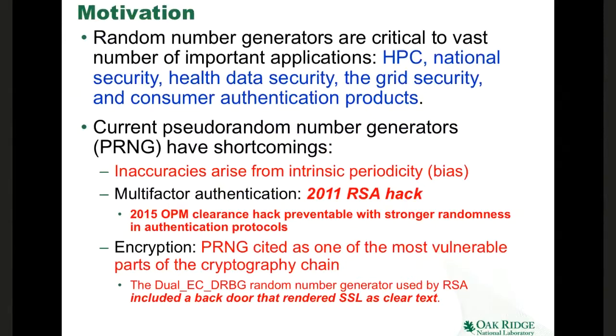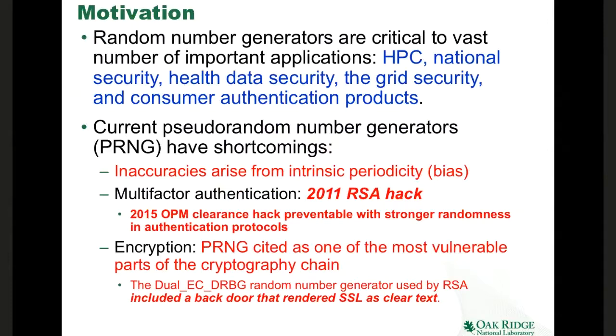There have been a few database hacks based on weaknesses in password generators or password hashing algorithms for health science firms. Grid security, so by grid I mean the electric grid, so logging in and out using multi-factor authentication for devices on the grid.